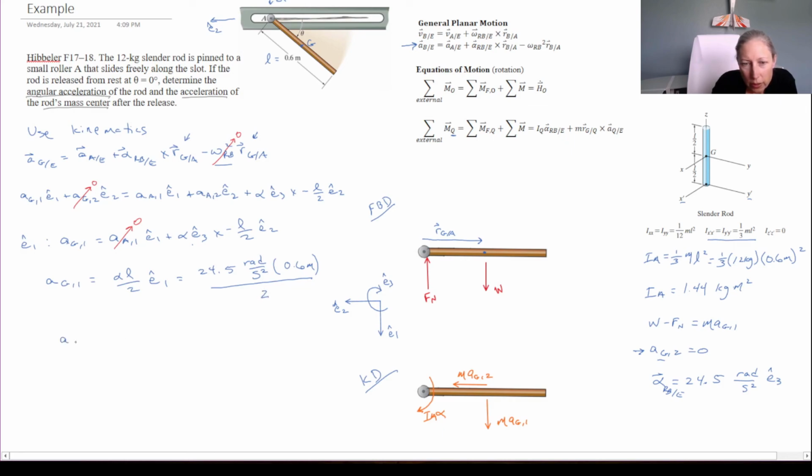So that should give us the acceleration of G in the E1 direction is, if you do that computation, should give us 7.36 meters per second squared, and I'm just going to write this as a vector. So the acceleration of G as seen from E is just 7.36 meters per second squared in the E1 direction. And that's all there is to it.